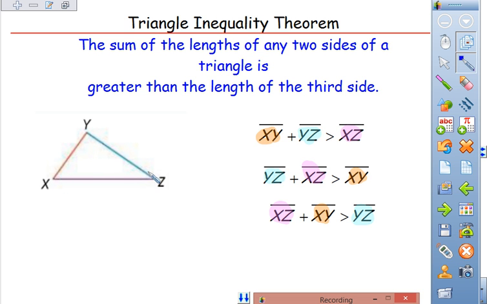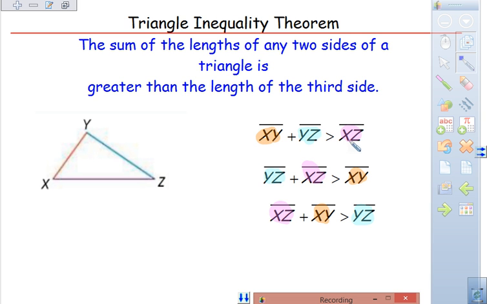Red plus blue has to be greater than the purple side. Blue plus purple has to be greater than the red side. Purple plus red has to be bigger than the blue side. Those three items have to be true for you to draw a triangle.